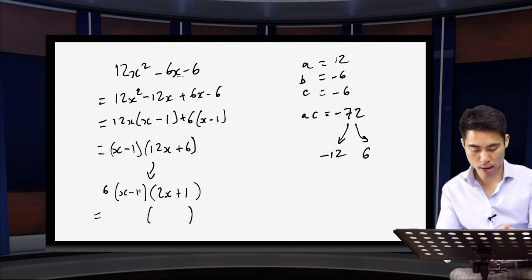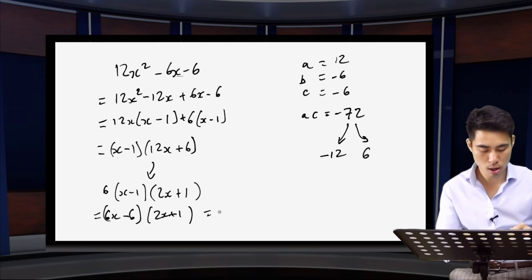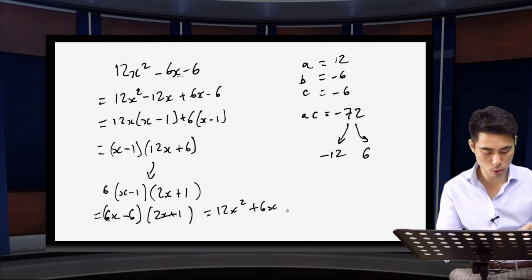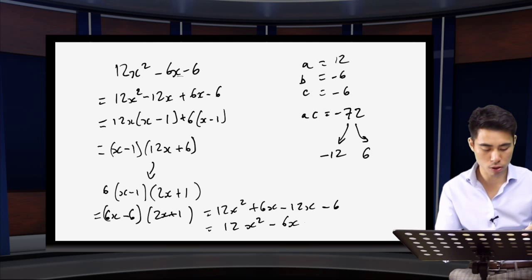Then expanding this first set of brackets, incorporating that 6 into the first set of brackets, I get that. Obviously that stays the same. So again, when you expand this out, 12x squared plus 6x minus 12x minus 6, which does indeed give me our original expression there.